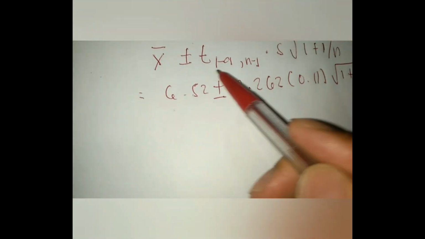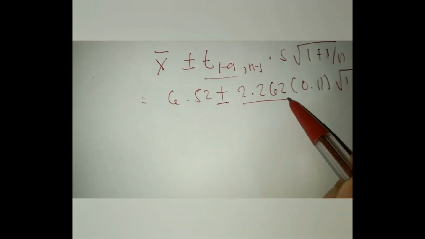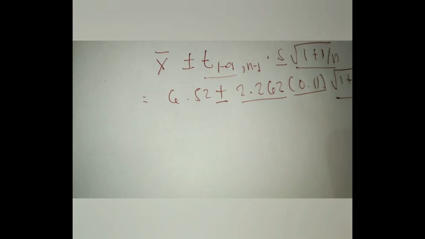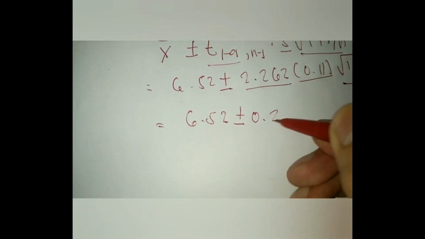I have calculated this on the calculator and found the value on the table. With S equal to 0.11, this gives 6.52 plus minus 0.26.